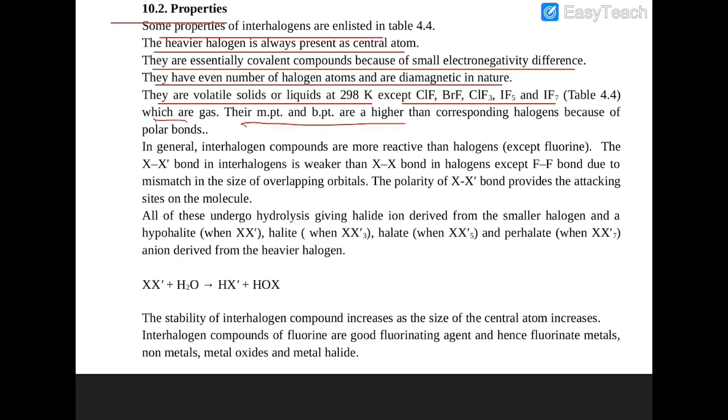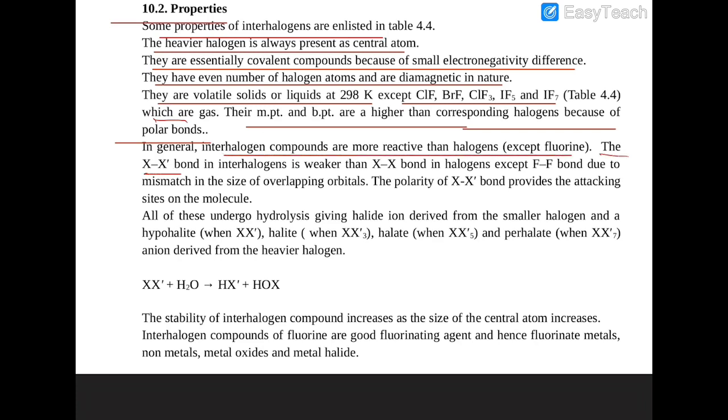Their melting and boiling points are higher than the halogens because of the more polar bond. Remember that interhalogen compounds are more reactive than the halogens, except fluorine.